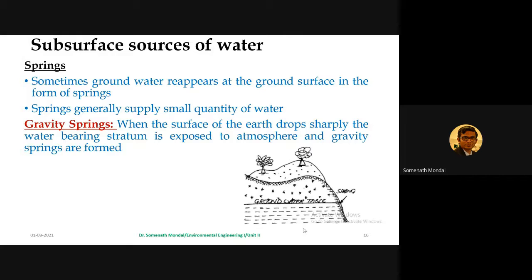You can see a sharp drop in the earth surface. However, the water-bearing strata or the groundwater table suddenly gets exposed to the atmosphere, and this can create springs. This is basically known as gravity springs.